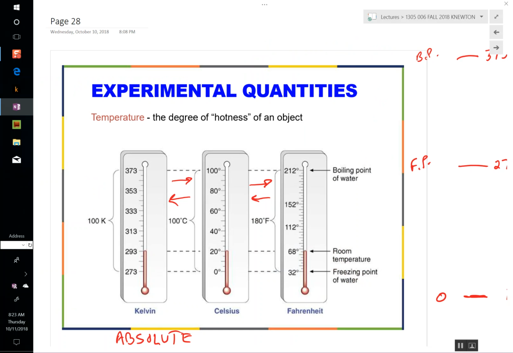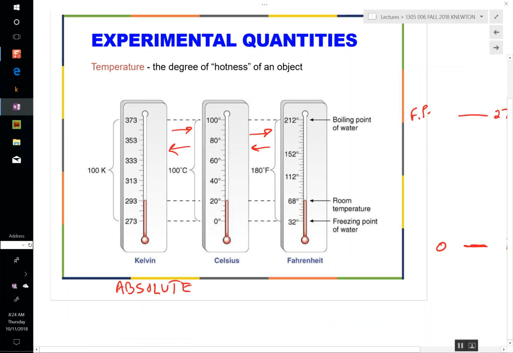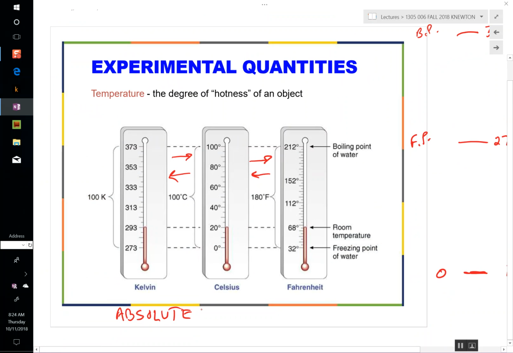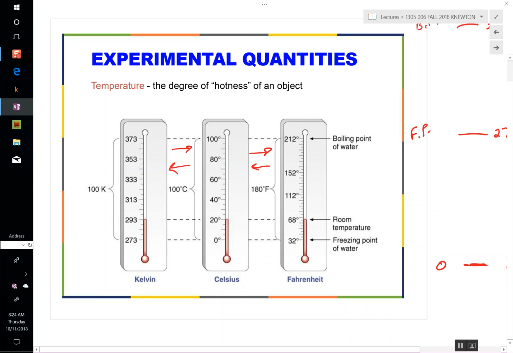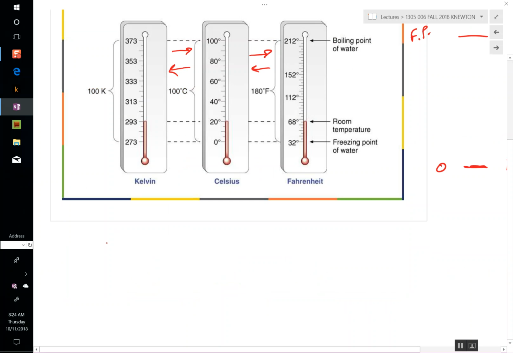There's 100 K from the freezing point to the boiling point in Kelvin. So the beauty of that is that a Kelvin degree and a centigrade degree are of the same magnitude. You go up 1 degree centigrade, you've gone up 1 degree Kelvin. So what that ends up with is a fairly simple equation: Kelvin equals centigrade plus 273.